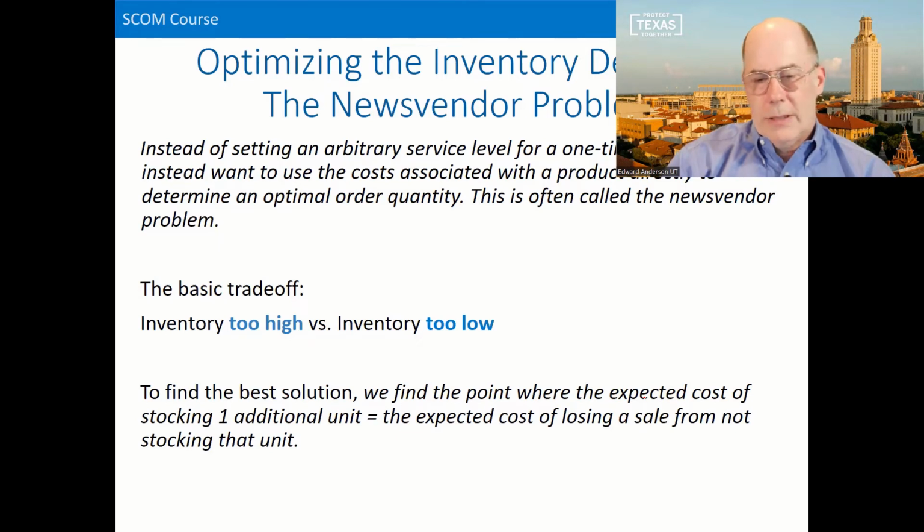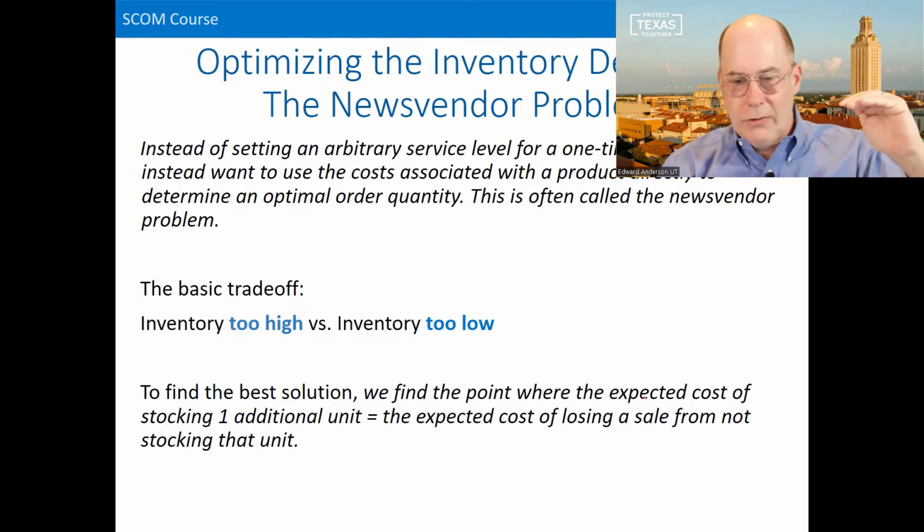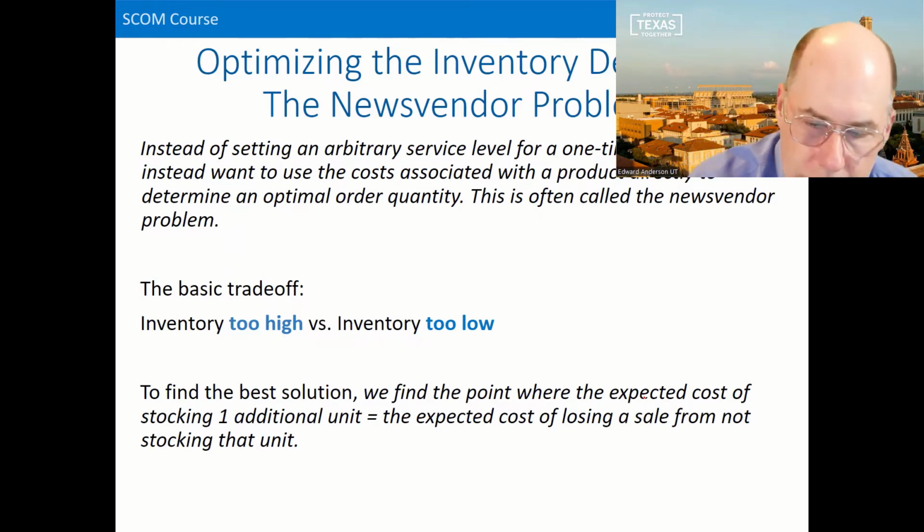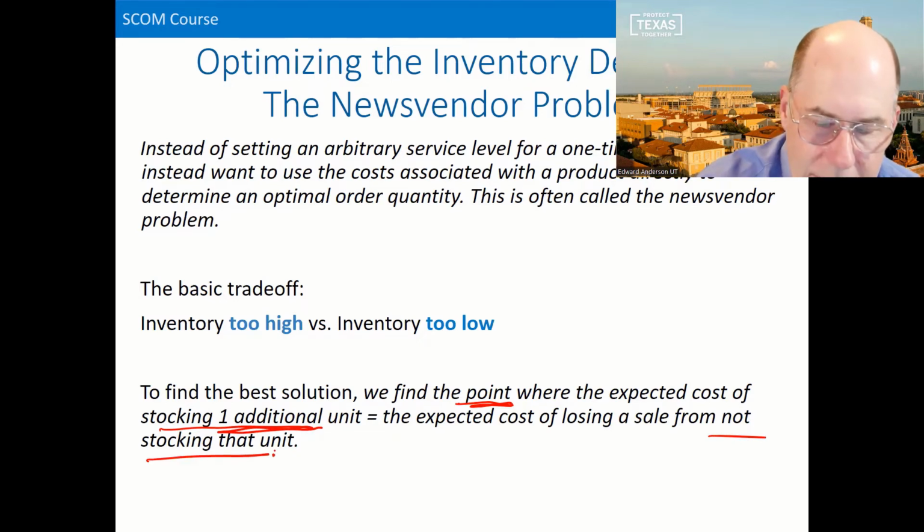So now we want to optimize this trade-off of too high versus too low. How do we do that? We find the point where the expected cost of stocking one additional unit equals the expected cost of losing a sale from not stocking that unit.